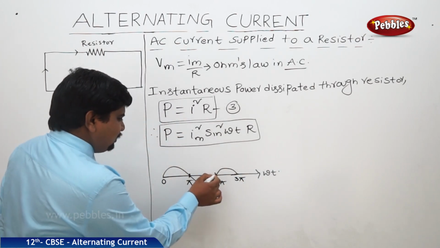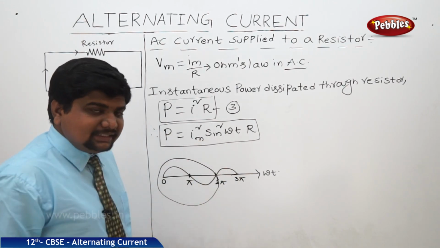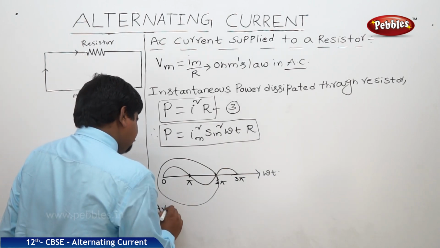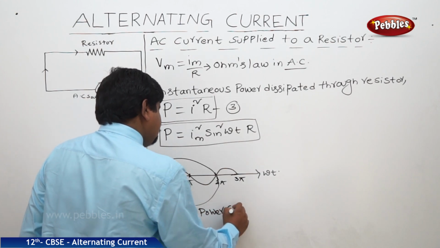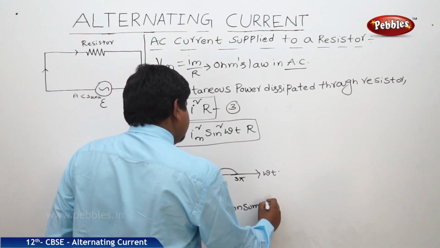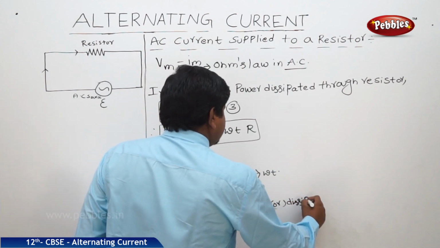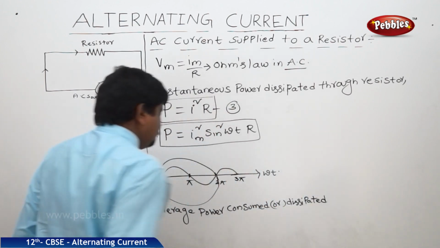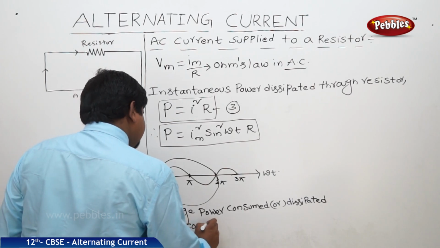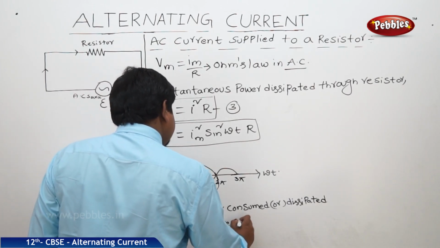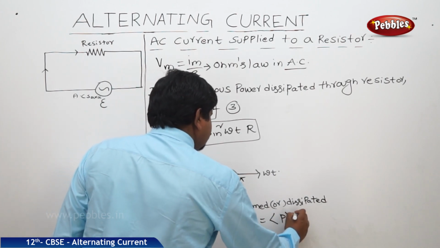Now I am going to find out what is the average power consumed in the complete cycle. The average power consumed or dissipated in a complete cycle is equal to, this is the symbol.